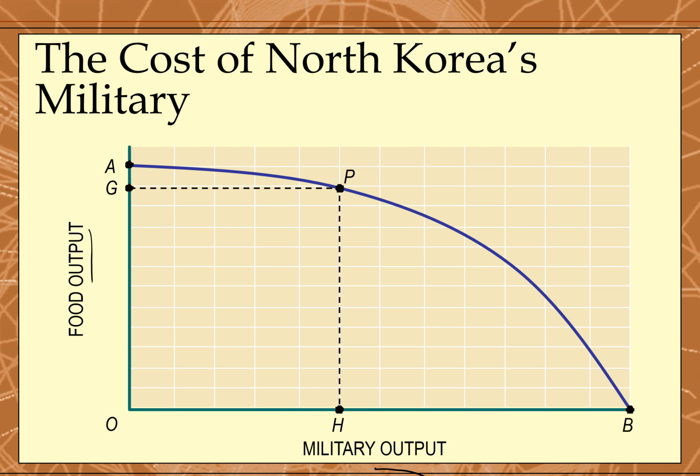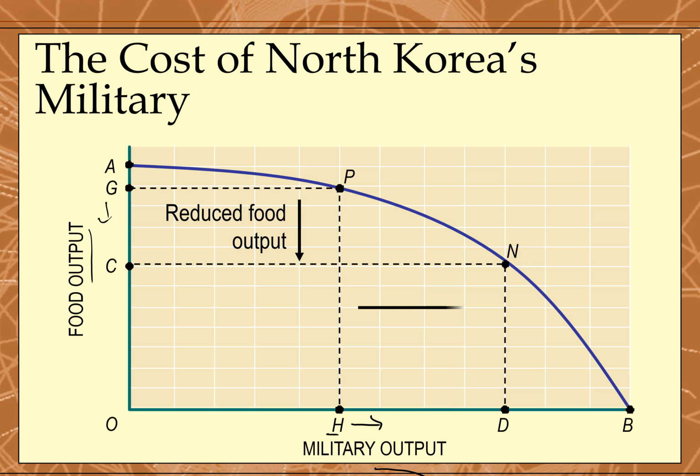If they say, hey, look, we want more military output, in other words, they have H right now, we want more than H, well, in order to do that, they've got to give up food production. And you can see that's what you see here: less food in order to get more military buildup.